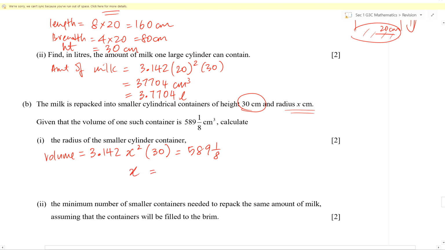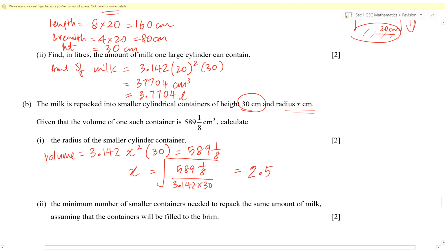So x value will be, we're going to combine everything together. 589 and 1/8 divided by 3.142 divided by 30, take the square root, and we get exactly 2.5.